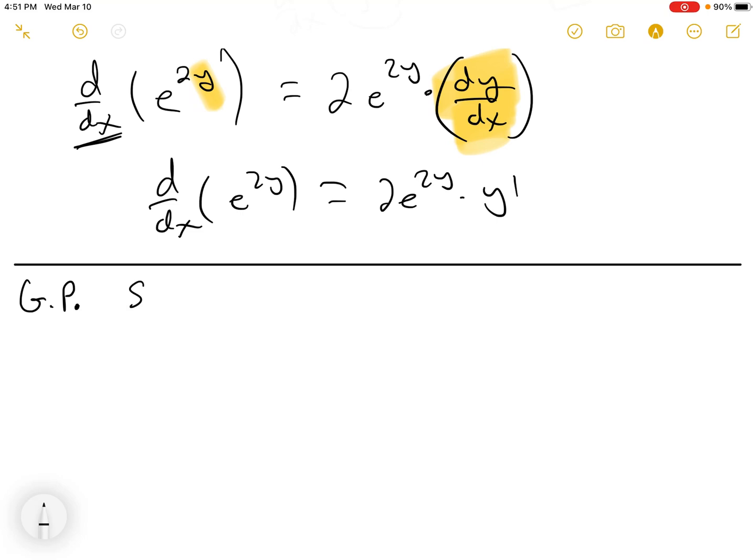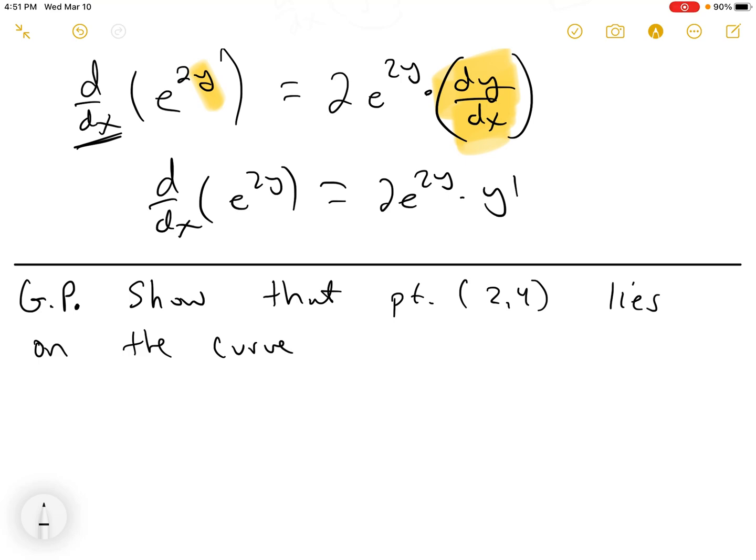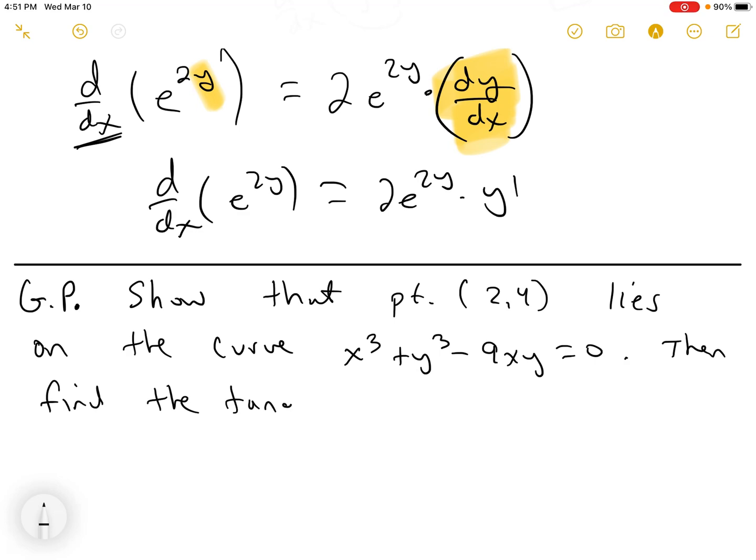So we want to show that the point (2, 4) lies on the curve x cubed plus y cubed minus 9xy equals 0. And then find the tangent line at this point (2, 4).